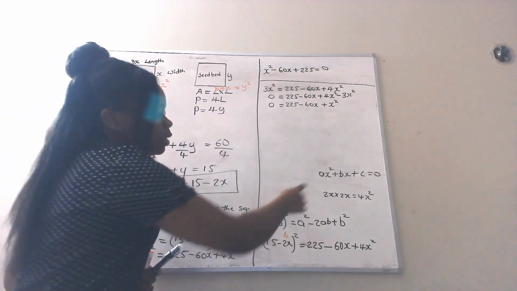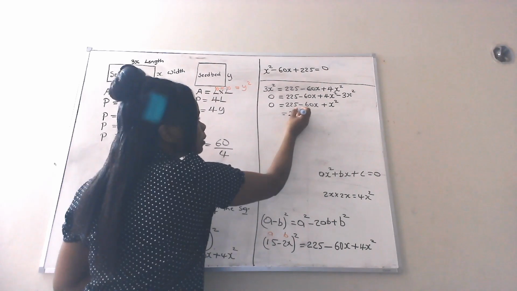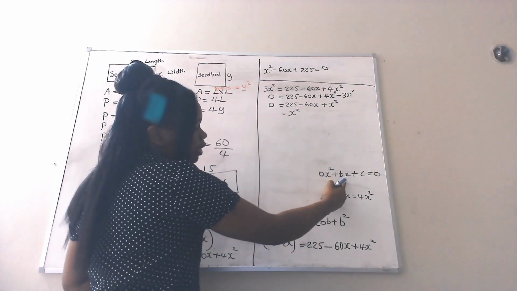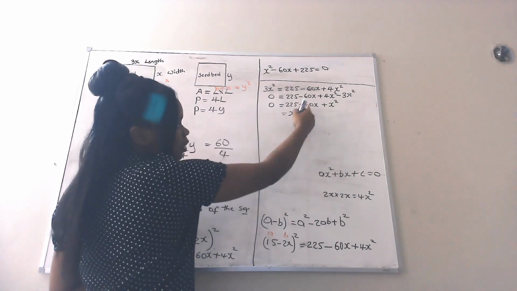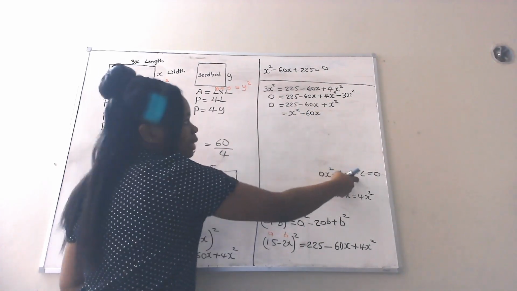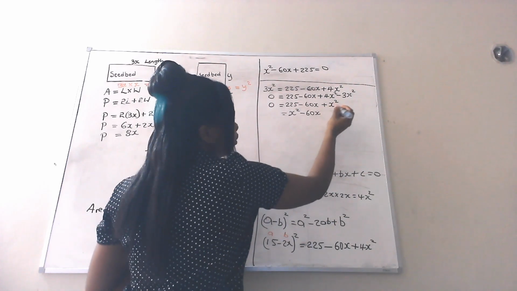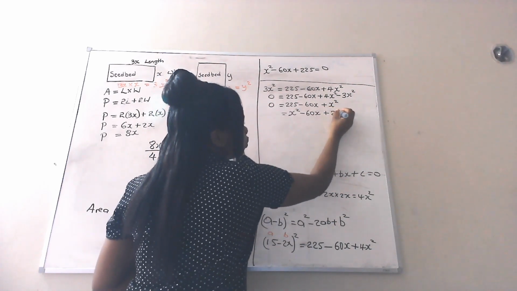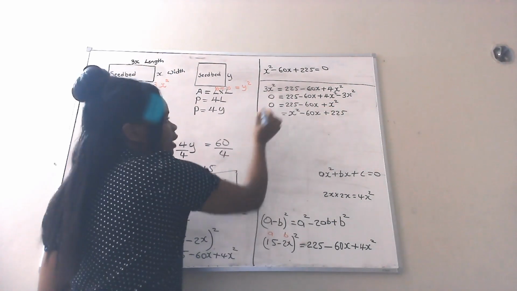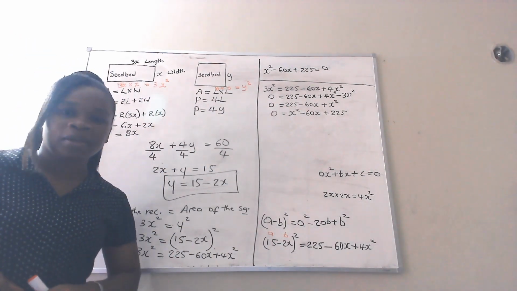Our first is ax squared, so our x squared is going to come first, followed by our bx. What is our bx? The minus 60x, followed by c. C is that number, any number that's greater than 0, and that is 225, and it's equal to 0.